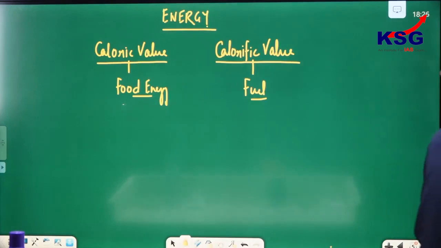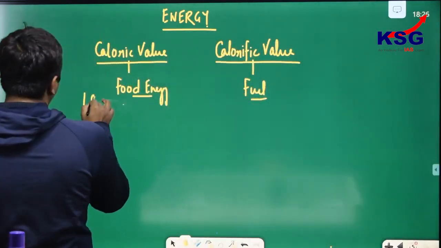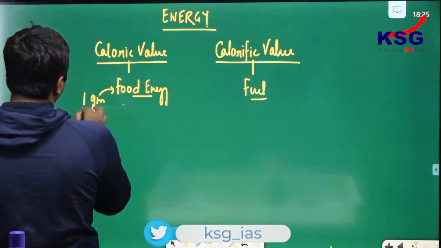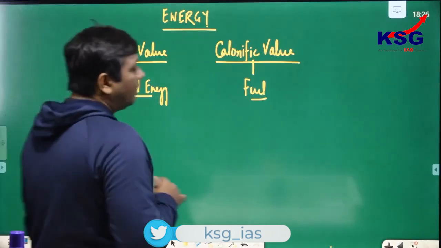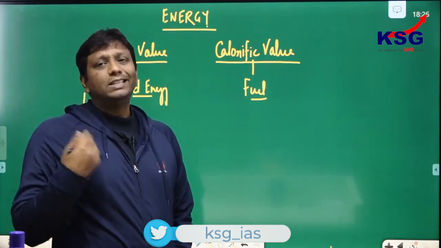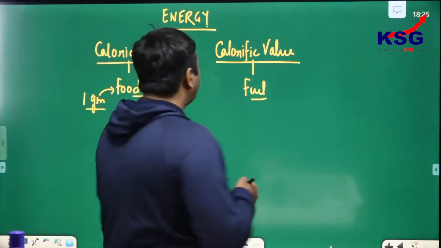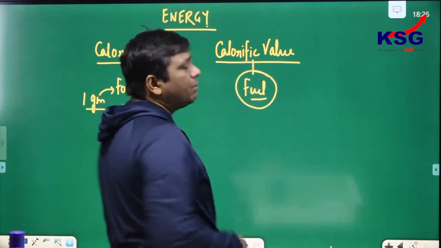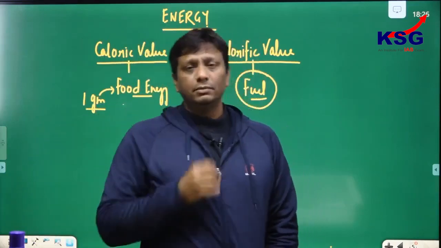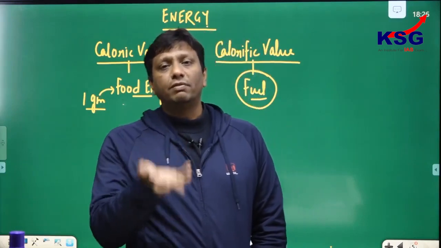How to describe food energy or caloric value? When 1 gram of food dissociates in the human body, the energy generated inside your body is the calorie of food. And what about calorific value? When 1 gram of fuel burns inside the vehicle, the energy generated, which is the mileage of the vehicle, is called calorific value.